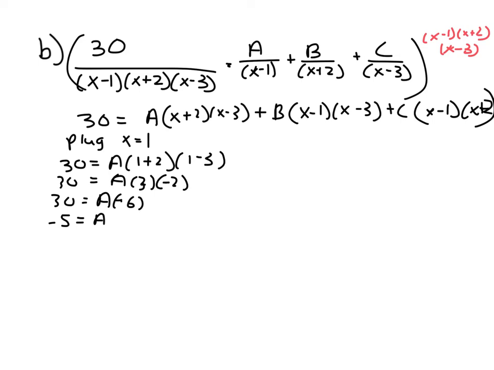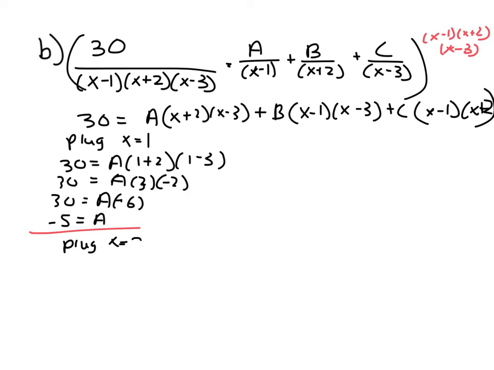Okay, great. So now there's A, and now let's solve for B next. So if I plug in x equals negative 2, then this one will cancel and that one will cancel. So let's plug in x equals negative 2.